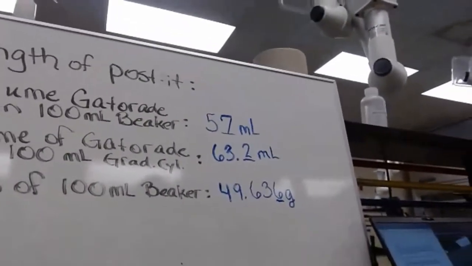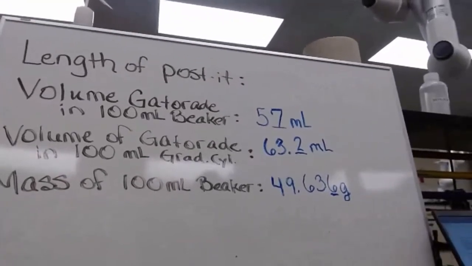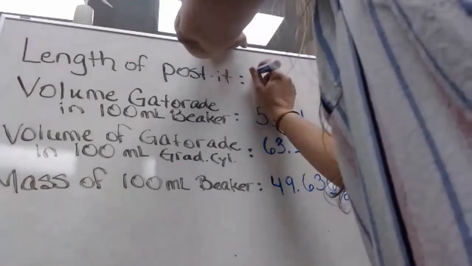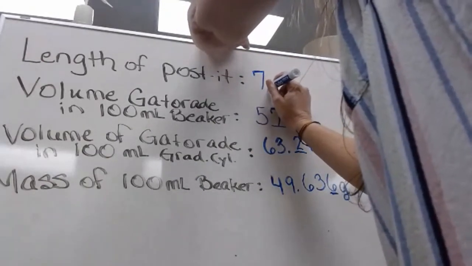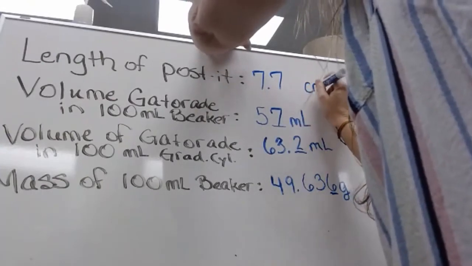And so I'm going to write down that I know there's the length of the Post-it. I'm going to write down the known line information, which is 7.7. This is going to be centimeters.